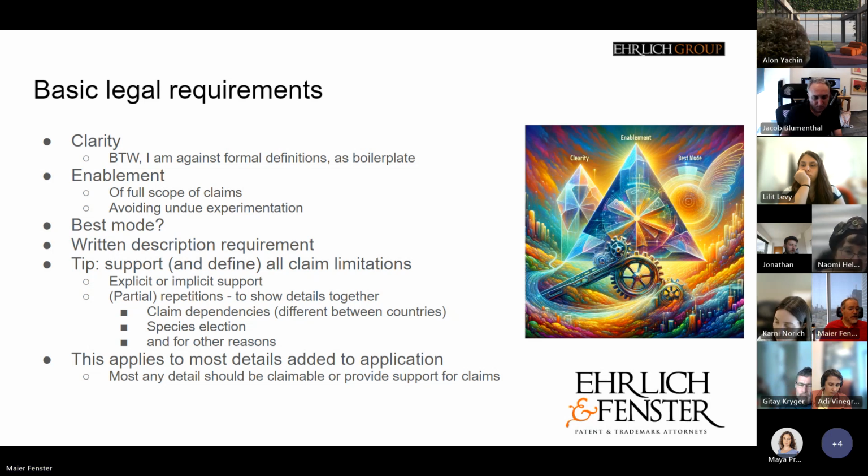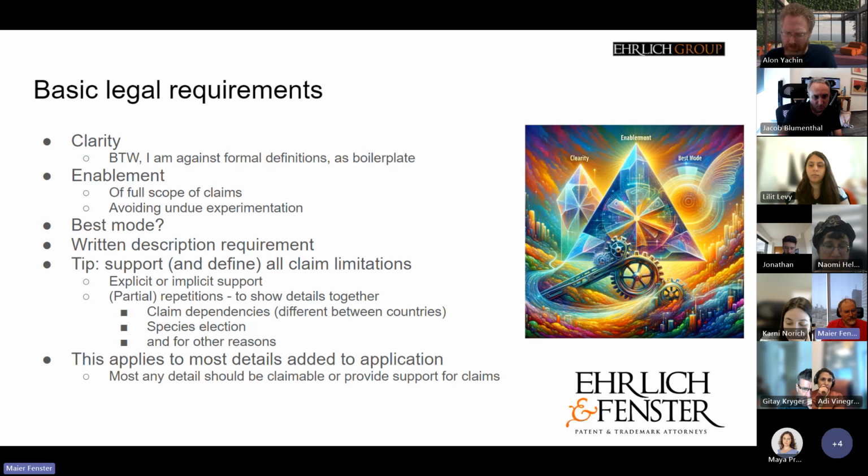But guess what? It generates more details. Why? You're going to have repetitions because if you have a claim saying feature A together with feature B, you want the spec to say feature A together with feature B. Those of us who've had the pleasure of arguing with European examiners about support for multiple dependencies know what I mean.